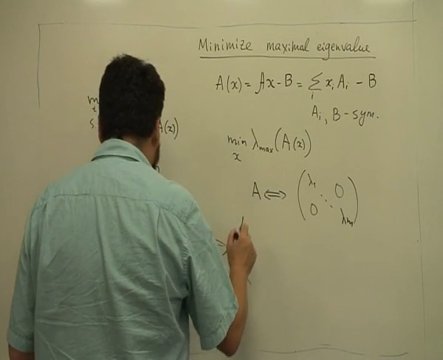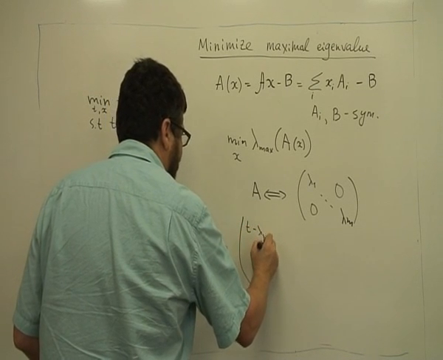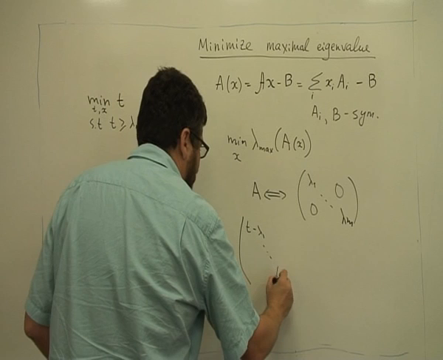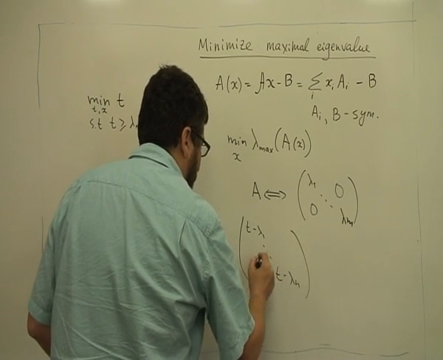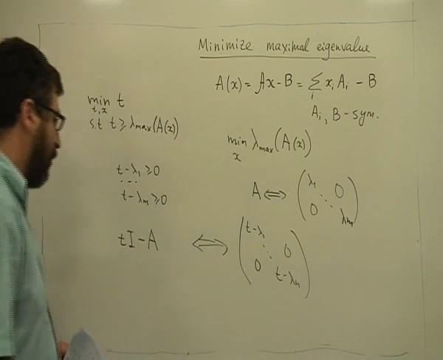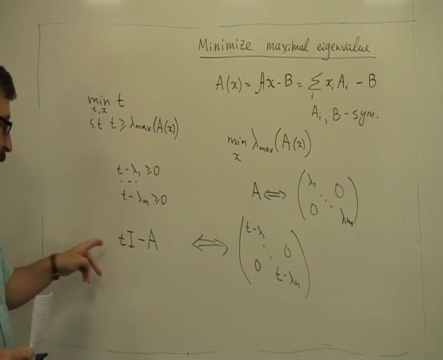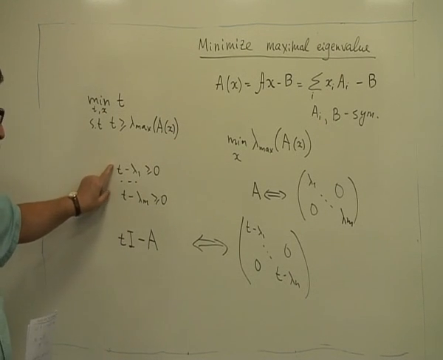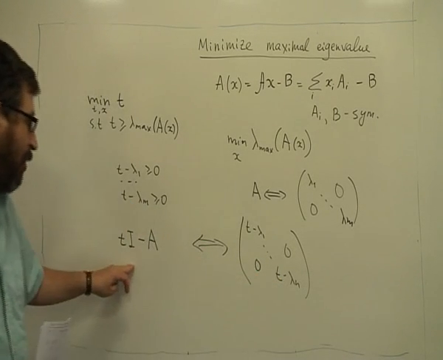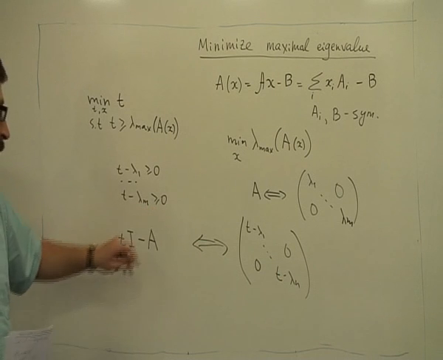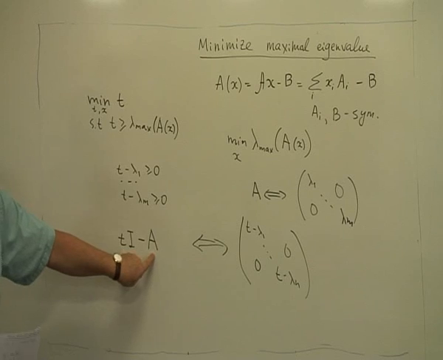So the eigenvalues will be just t minus lambda 1 and so on, t minus lambda m. This is like a diagonal matrix. So saying that all those eigenvalues of the matrix are non-negative is the same as saying that this matrix is positive semi-definite.